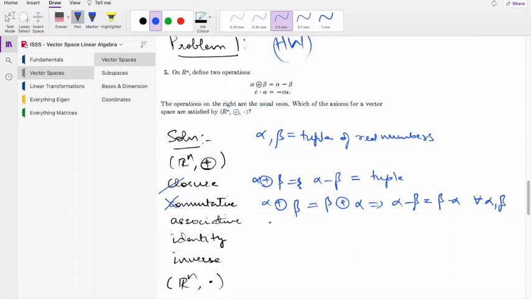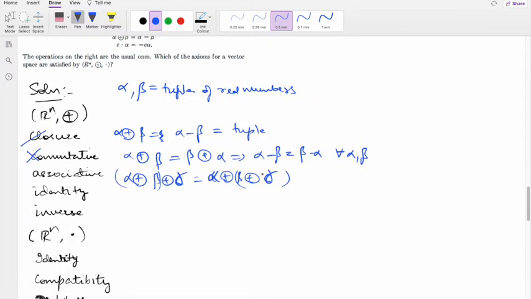Let's talk about associativity. It says that (alpha plus circle beta) plus circle gamma should be equal to alpha plus circle (beta plus circle gamma). What would this correspond to? This would mean that (alpha minus beta) plus circle gamma should be equal to alpha plus circle this vector, which is beta minus gamma.